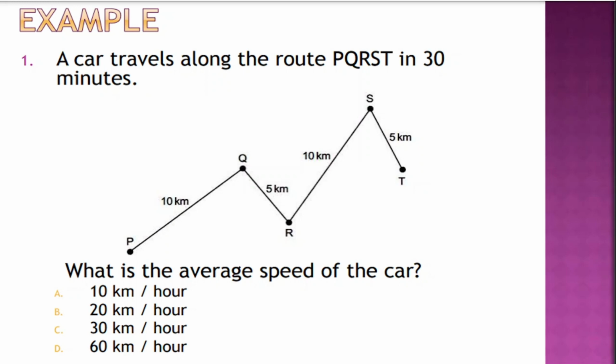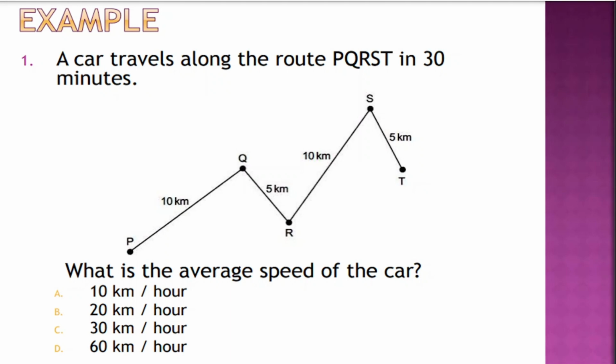For this, we will simply add all the distances covered, that is 10 plus 5 plus 10 plus 5. That will give us 30 km. So the total distance covered by the car in this journey is 30 km, and the total time elapsed for this journey is 30 minutes.